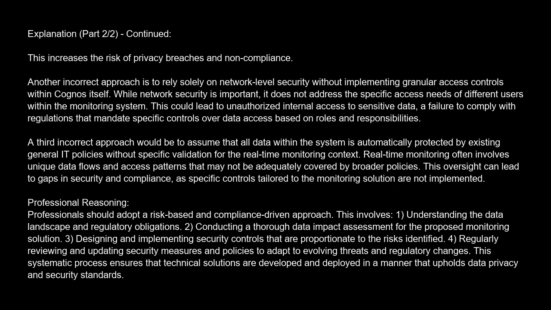Another incorrect approach is to rely solely on network-level security without implementing granular access controls within Cognos itself. While network security is important, it does not address the specific access needs of different users within the monitoring system. This could lead to unauthorized internal access to sensitive data, a failure to comply with regulations that mandate specific controls over data access based on roles and responsibilities.